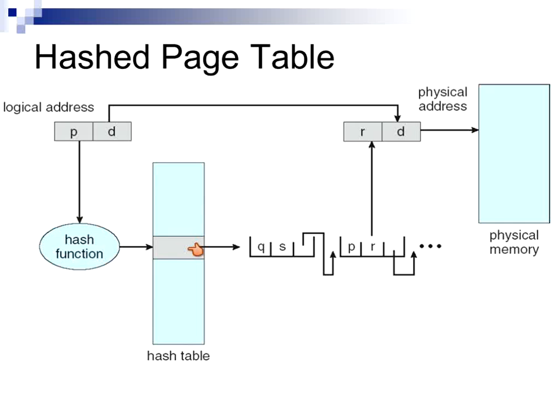Now, the hash table is a data structure, and if you're familiar with hash maps and so forth, when it hashes this logical address, the page gets hashed to an entry in the hash table, and then that entry points to a queue of all the different possible pages that are in memory that all hash to that same value.